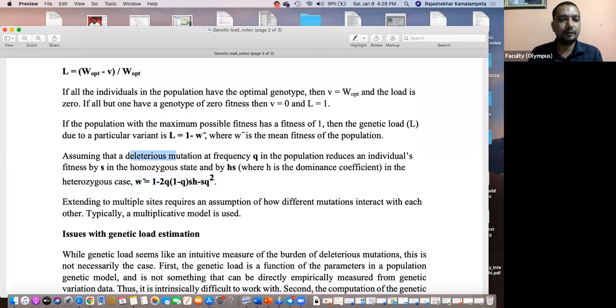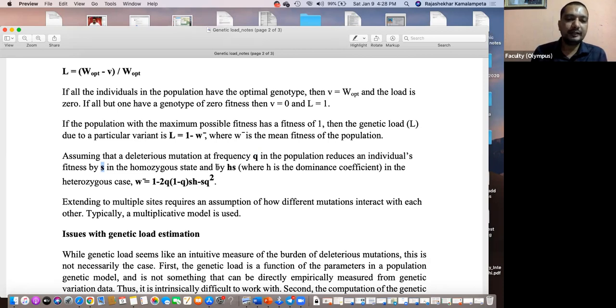Let's say there is a deleterious mutation that is causing a negative impact. The frequency of that could be q, like we calculated in Hardy-Weinberg equilibrium, p for one allele, q for another allele. Like that, the q value can be calculated. And if this reduces an individual's fitness by s, the reduction in fitness is calculated by the value s.